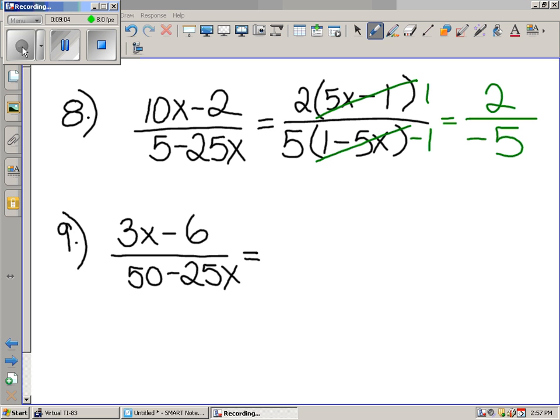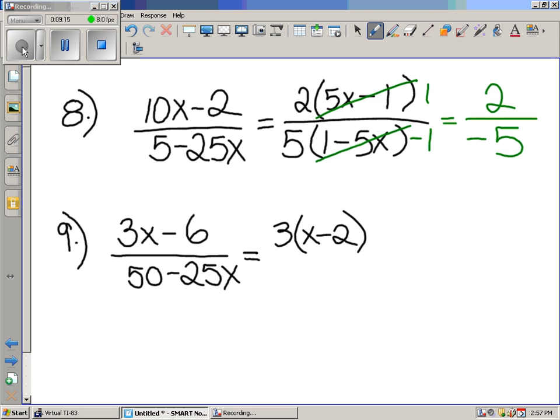Excellent. Last problem of the day. We got to factor both the top and the bottom. What's the top factor out to be? Yep. Yes, sir. What about the bottom? Very nice. Two take away x.